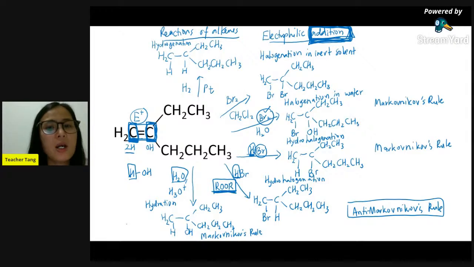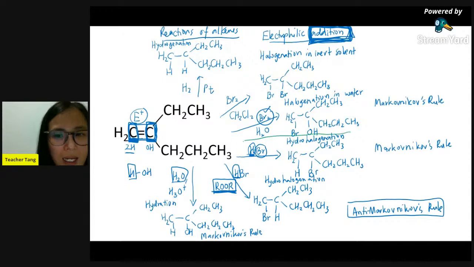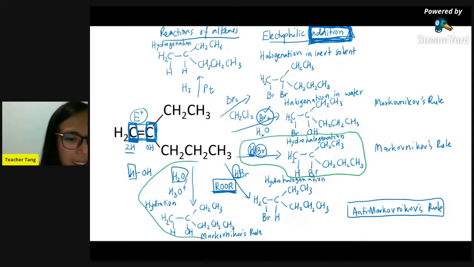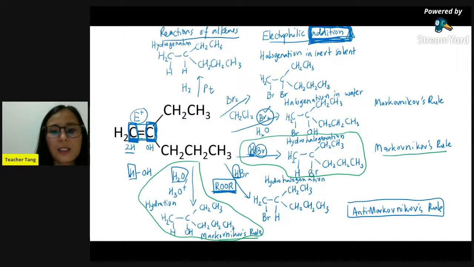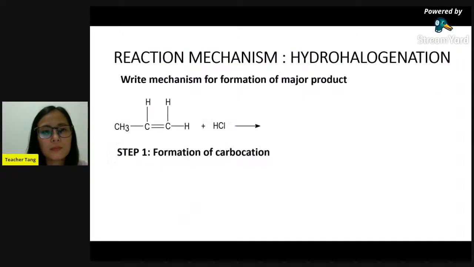But tonight, I'm not going to focus on that, because our focus is to look at the hydrohalogenation mechanism and also the hydration mechanism. Must remember, for both, the product is predicted according to Markovnikov's rule. Now, shall we move on to look at the mechanism for hydrohalogenation?